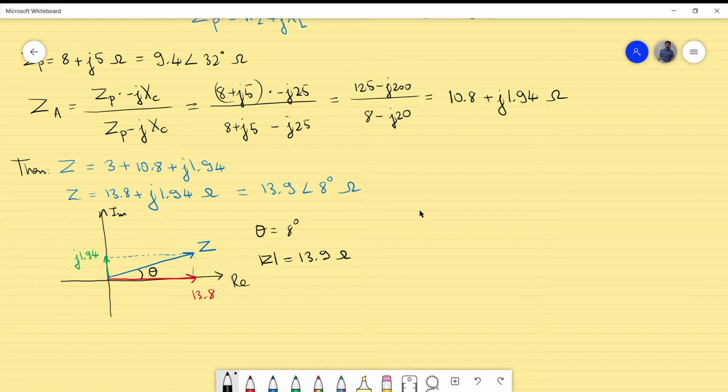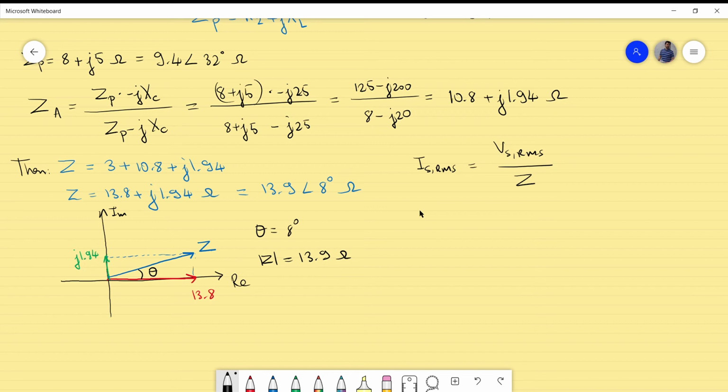Now I can move on to calculation of the total supply current, so that's actually also important. So let's move on with the calculation of IS RMS is equal to VS RMS divided by the Z, which is the total impedance.